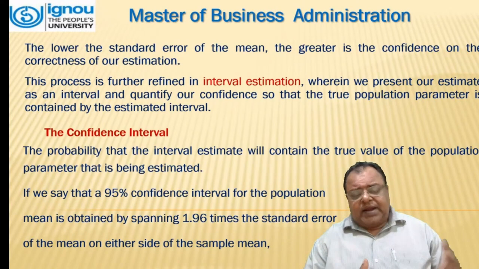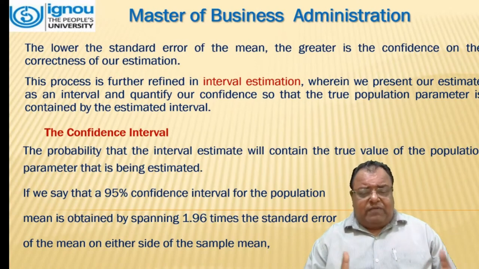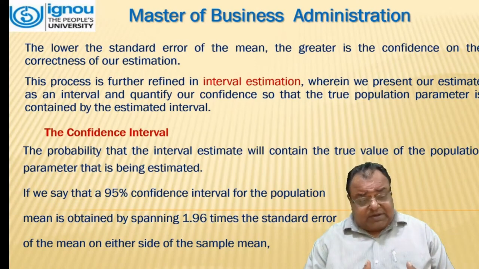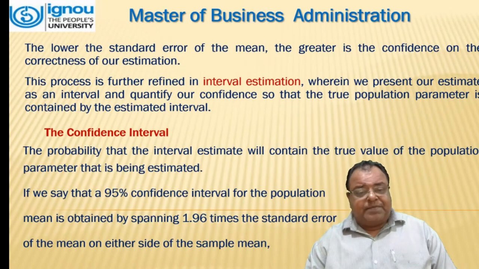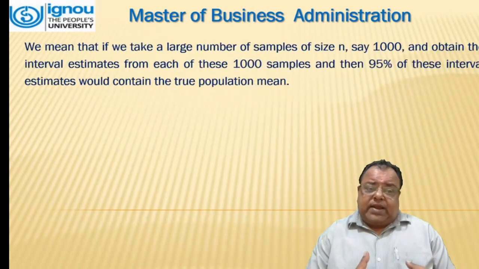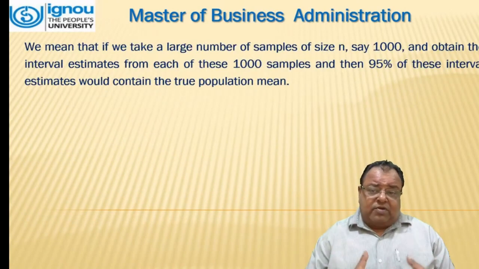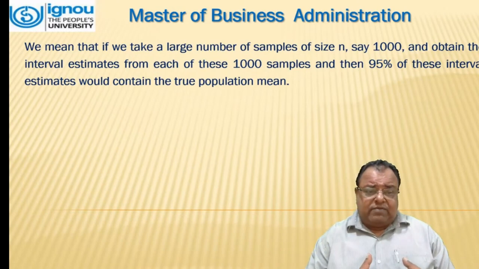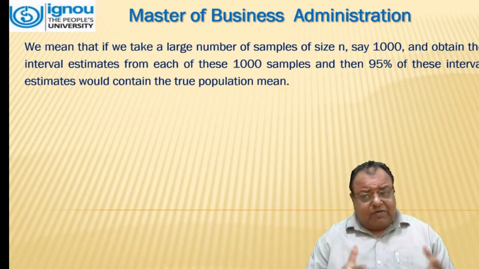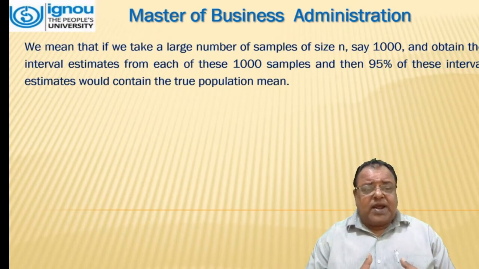If we say that a 95% confidence interval for the population mean is obtained by spanning 1.96 times the standard error of the mean on either side of the sample mean, we mean that if we take a large number of samples of size n, say 1000, and obtain the interval estimate from each of these 1000 samples, then 95% of these interval estimates would contain the true population mean.